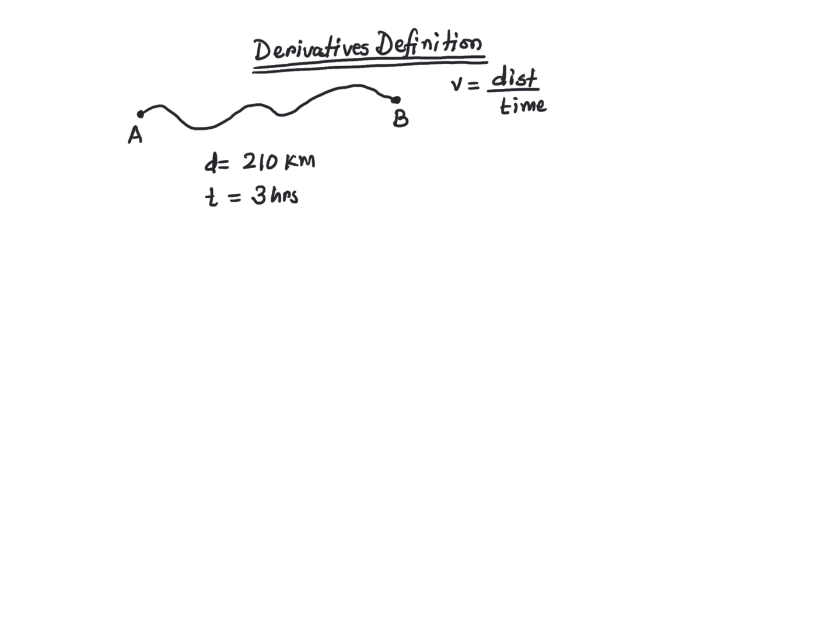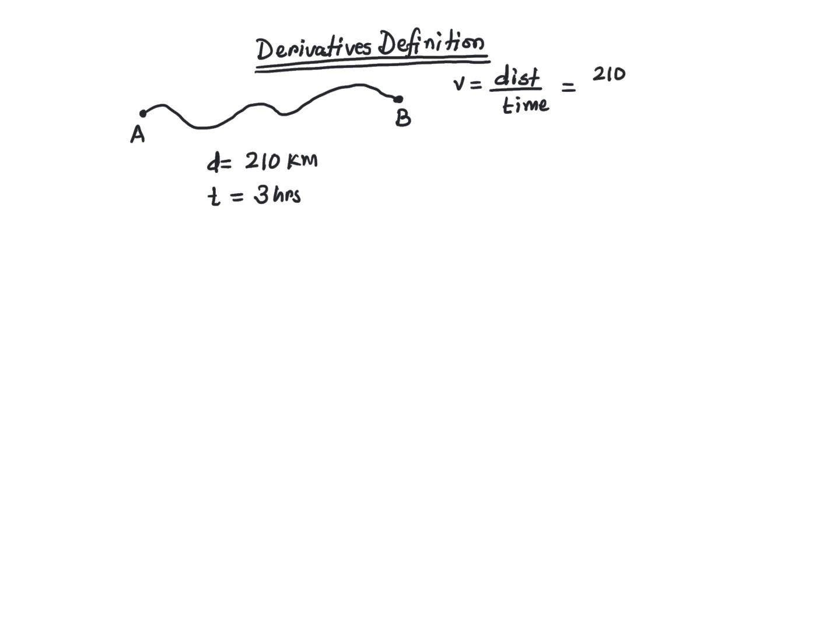So in our case, the distance covered in going from point A to B is 210 kilometers, and the time it took is 3 hours. So the average velocity over this distance from point A to B is going to be 70 kilometers per hour.